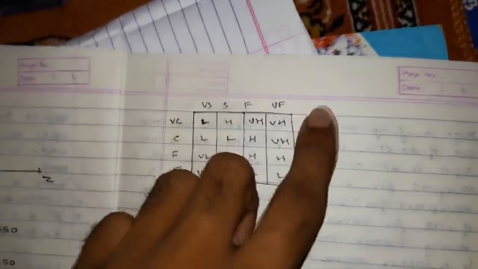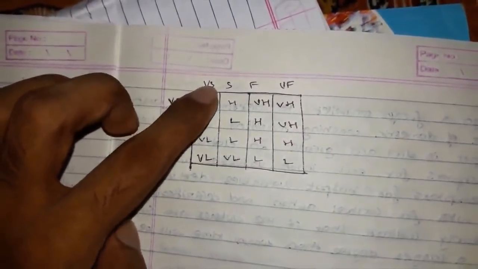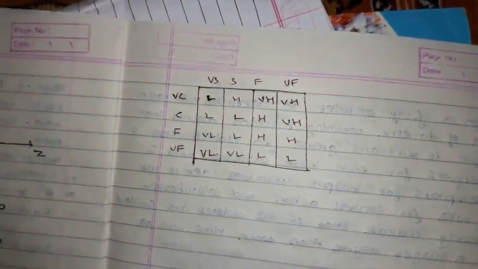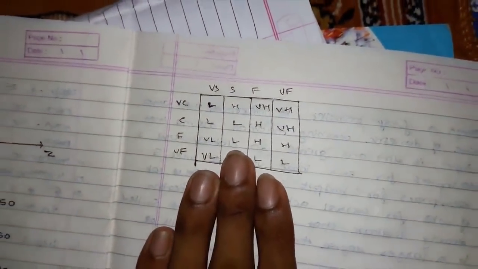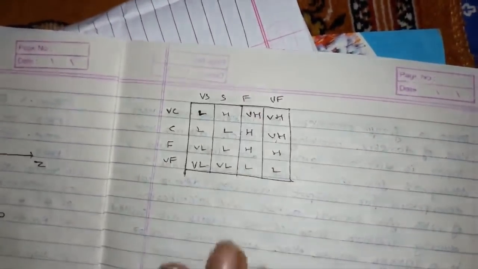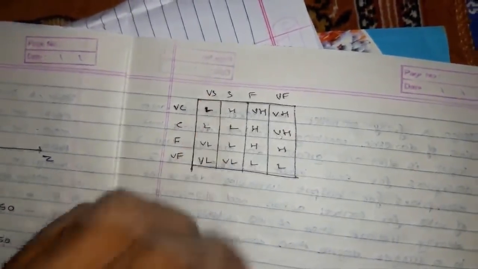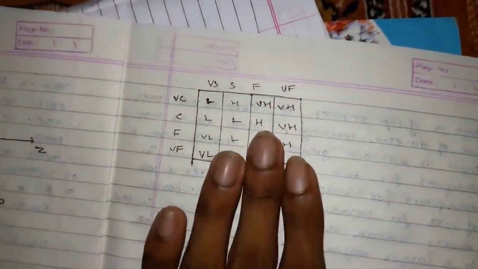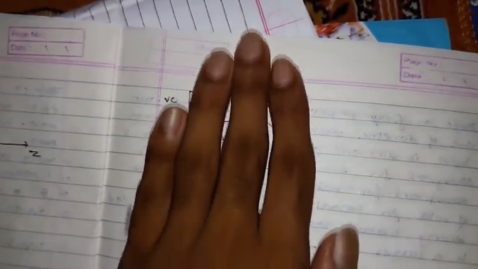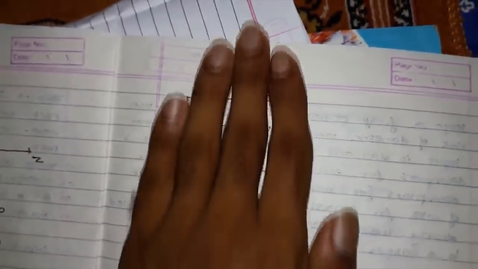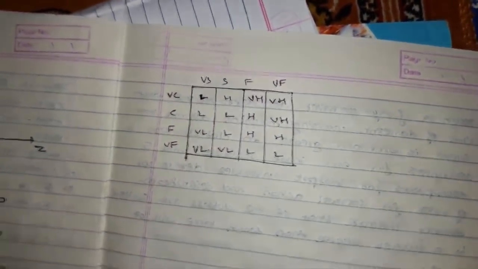Here, if you see very close and very small, please understand this: very close is the distance, meaning your train is very close to the station, but the speed is also very small. So how much brake do I need to apply? I will have to apply a large amount of brake.